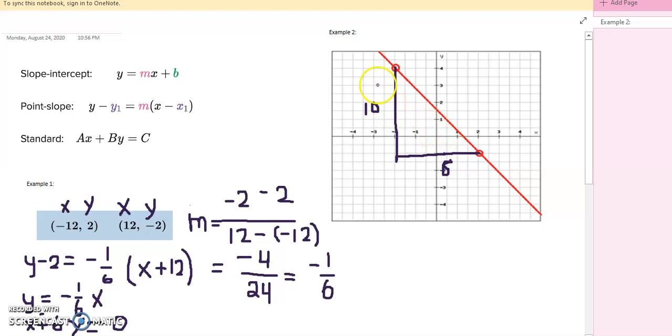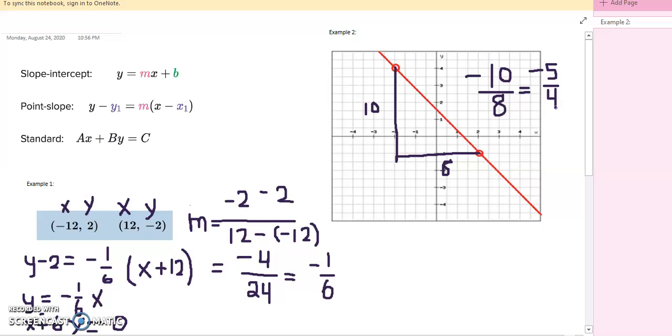And I can see that I'm going down 10 and across 8. So my slope will be negative 10 over 8, which I will simplify, right? Divide the top and the bottom by 2. And so that will give me negative 5 over 4. Okay, so that's the slope.